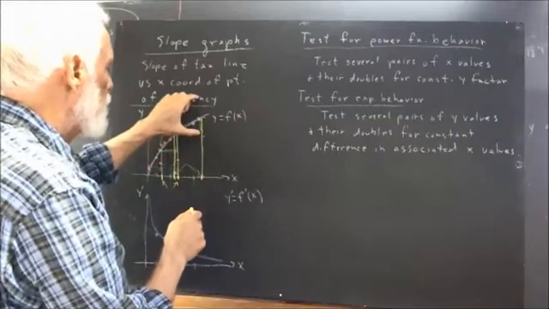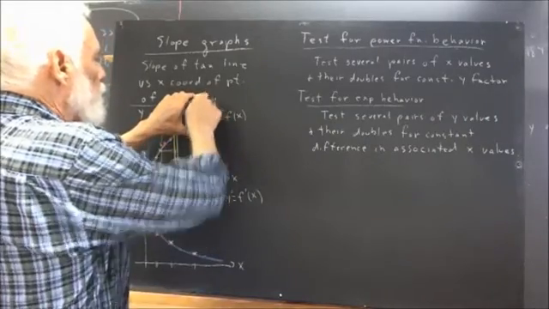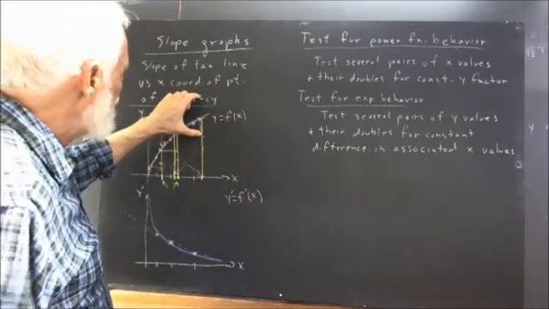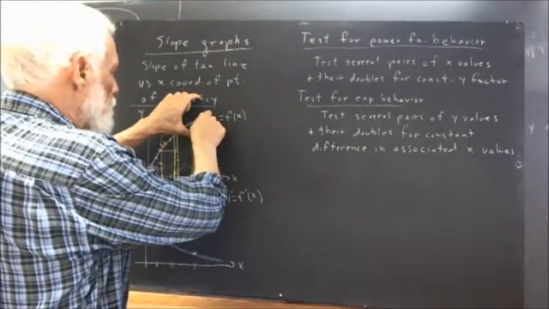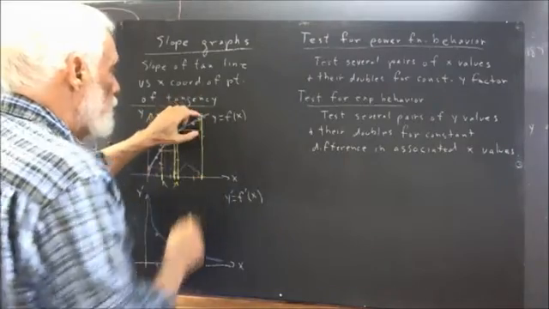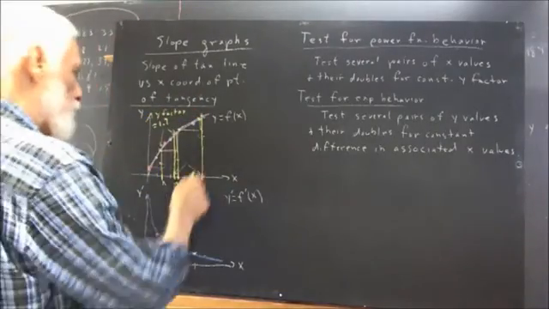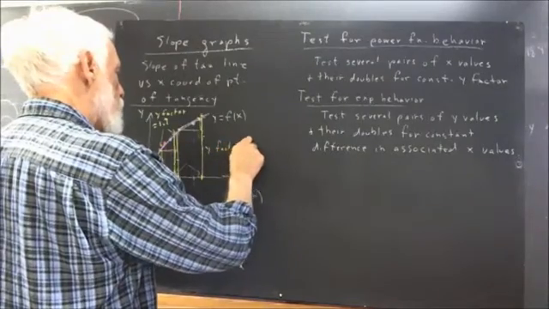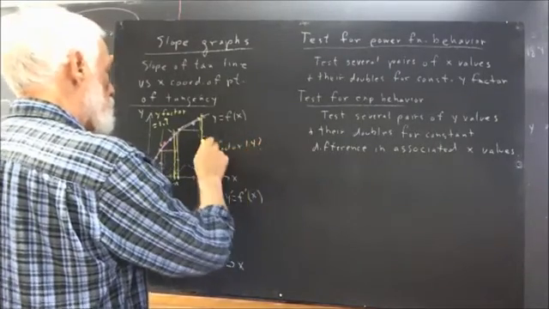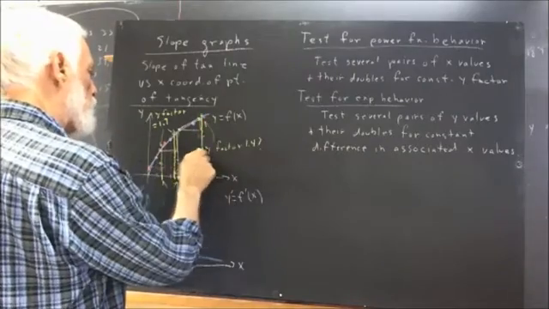I can kind of mark that. And if I come up here, the y value would be way up here. If I cut this interval in half, I get a y factor of 1.5, which is maybe a little above the graph. So I'm thinking the y factor here is about 1.4.